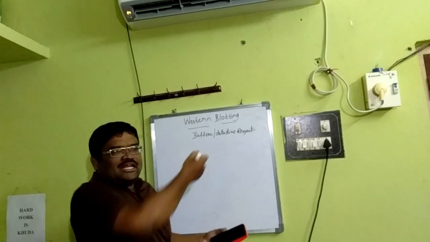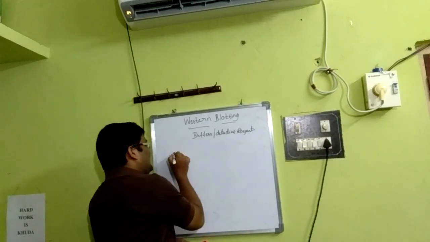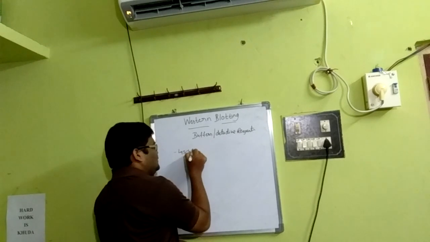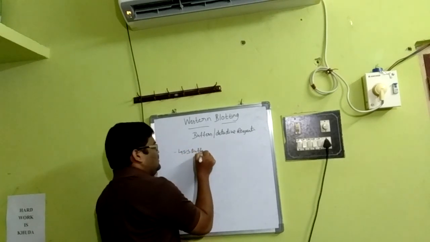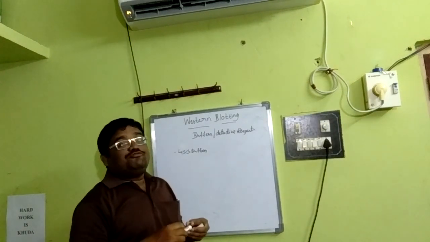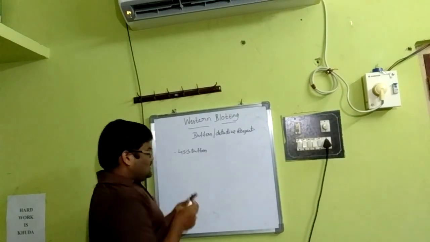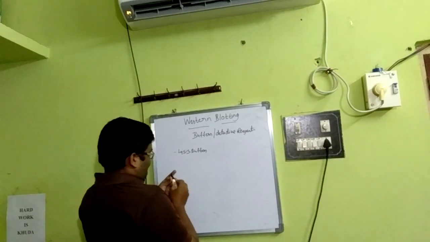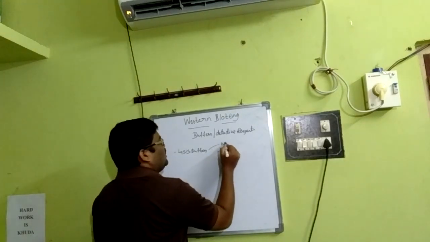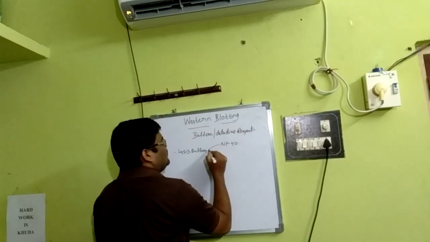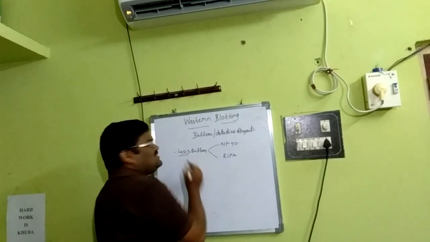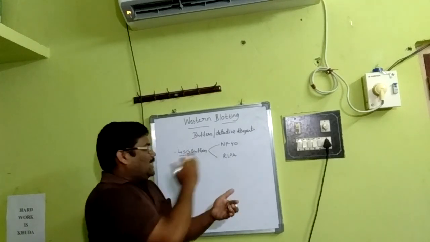Buffers are very important, and we'll discuss them in sequence. First, lysis buffers. As the name implies, they are meant for lysis, that means simply say NP40, then RIPA, for breaking down.